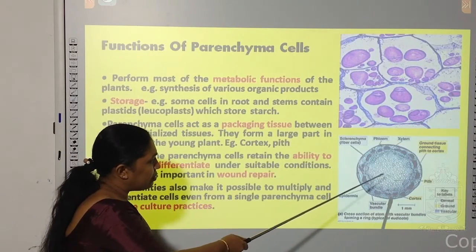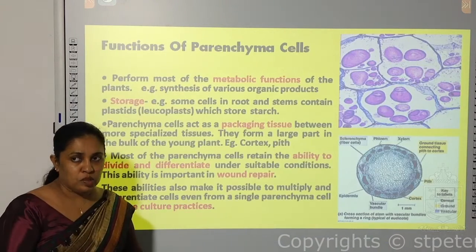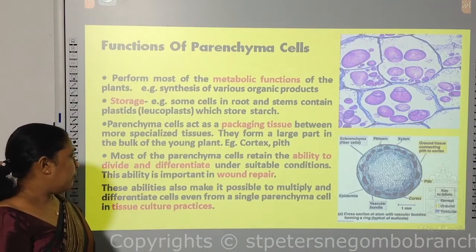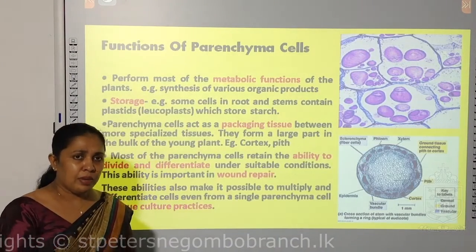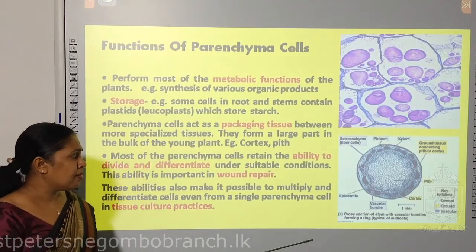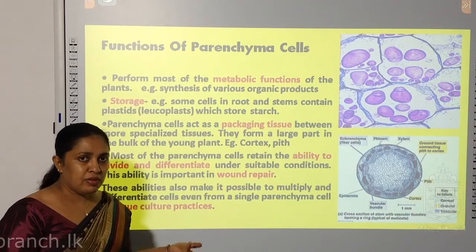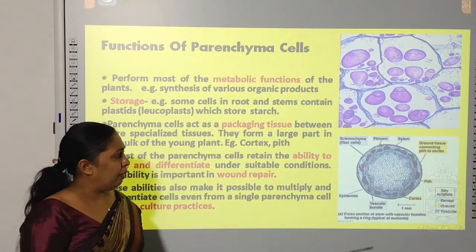In the pith you can see a lot of parenchyma cells with intercellular spaces and also as living cells. And these cells still have the ability, like the meristematic cells, to divide and differentiate. They can be differentiated into other tissue systems according to the need of the plant.